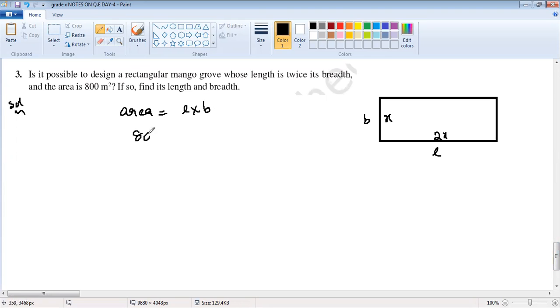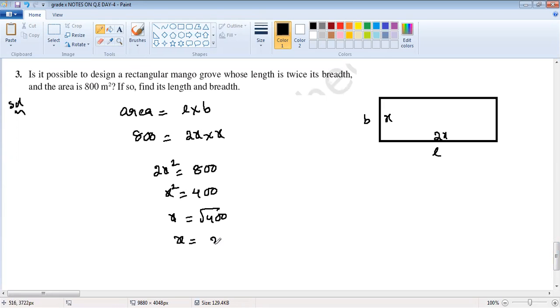So area, which is 800, is equal to 2x into x. Then 2x square is equal to 800. If you cancel the 2, x square is equal to 400. Then x is equal to the square root of 400, so x is 20. So the breadth is 20 and the length will be 40. Have you understood?